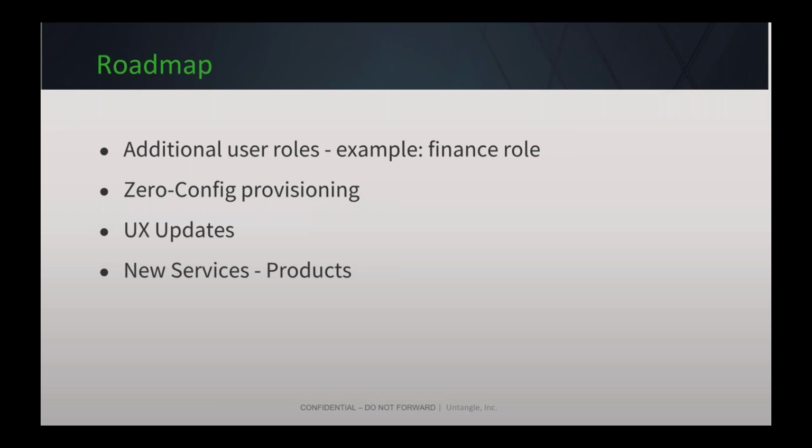Based on the effort that we've done with the template appliance push, we are in the process and will continue to iterate on the idea of zero config provisioning. So that's fancy words. What does that mean? Well, that means you're going to be able to buy an appliance from Untangle, tell it what subscriptions that appliance is supposed to have and what specific policies it's supposed to have.